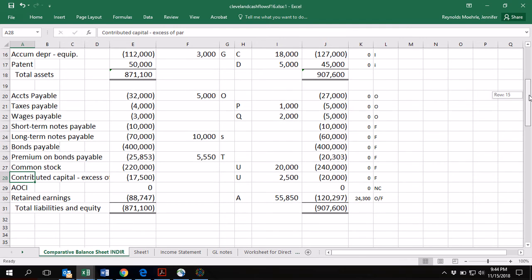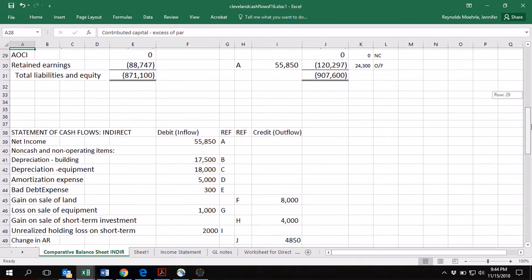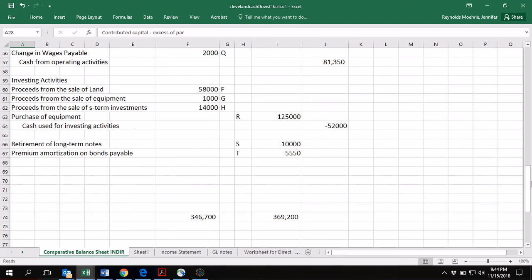So let's go ahead and include that as one line item. This is proceeds or issuance of common stock. That is a big source of cash, 22,500. I forgot to label this as my financing activities section, just to clean that up.